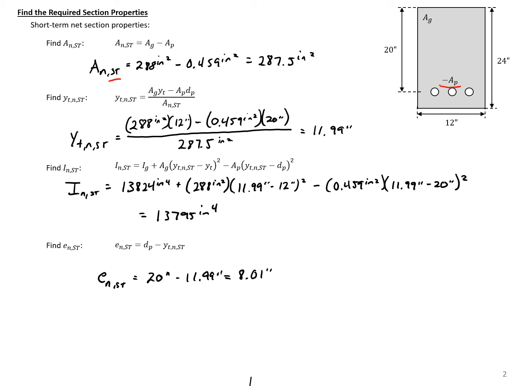Note that I have this short-term in here because if we do have non-pre-stressed reinforcement, we need to transform that non-pre-stressed reinforcement into an equivalent concrete area. So if we're doing short-term or long-term, we need to use the appropriate modulus of elasticity for our concrete. So that's why I differentiate short term there.